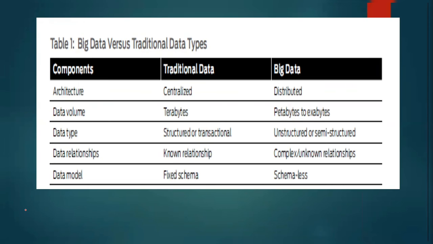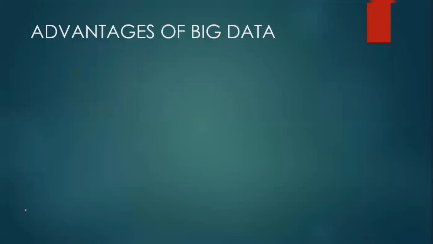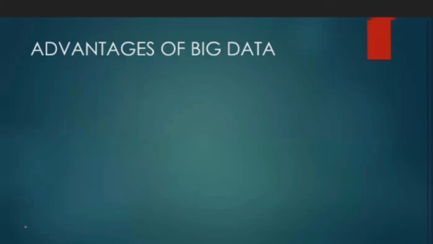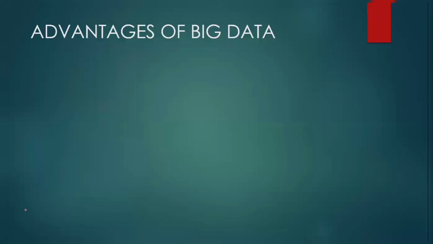We are landing now on the advantages of big data analytics. The advantages of using Hadoop over a traditional storage system such as RDBMS is scalability, because nodes can be added to scale the system with very little administration or probably no administration needed.